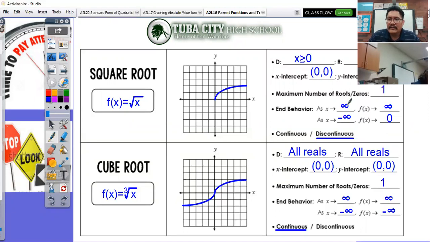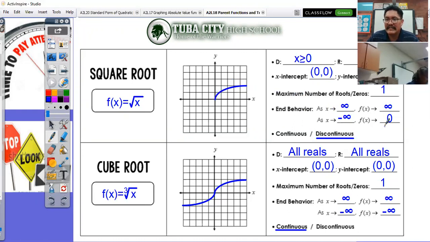As x goes to infinity, so as we move to the right on this graph, the y values go higher and higher. And again, they will go to infinity at some point. And x to the negative infinity. So as x goes backwards, going the other way, the lowest value I can get to is 0.